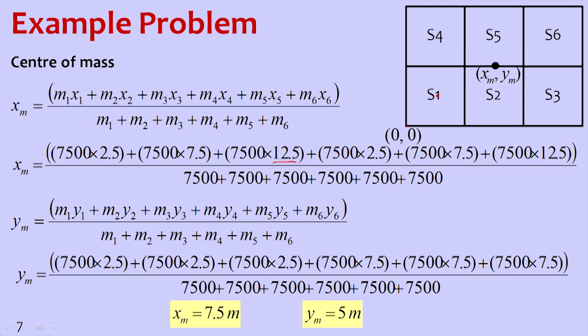So y1 is 2.5, slab 2 also has 2.5 as y coordinate, and slab 3 2.5, whereas slabs 4, 5 and 6 have 7.5, which adds 5 and 2.5. All put together, we can calculate x cm as 7.5 meters from this origin, and y cm as 5 meters from the same origin. So our center of mass is 7.5 meters and 5 meters.